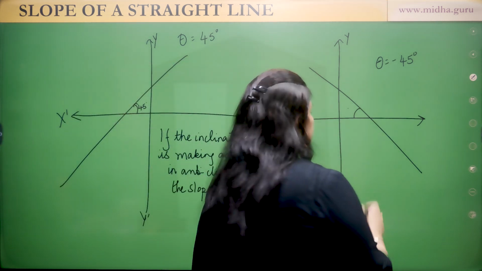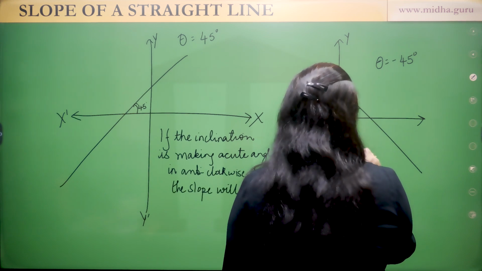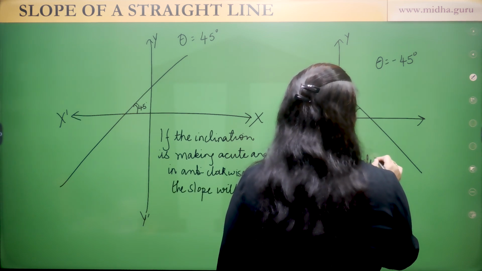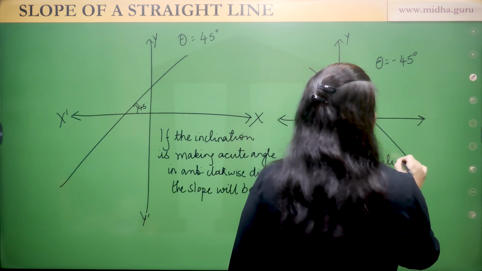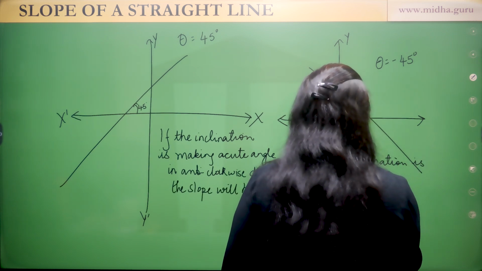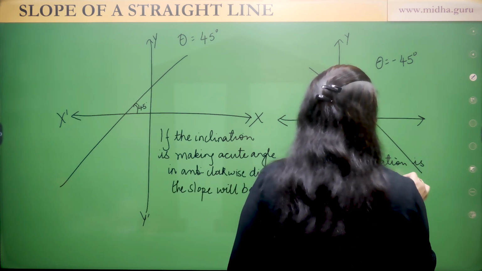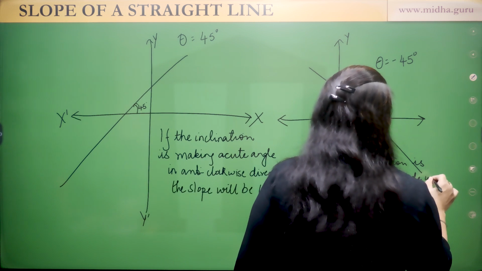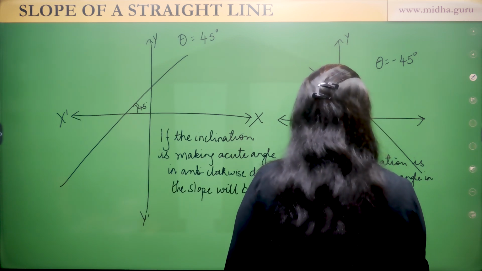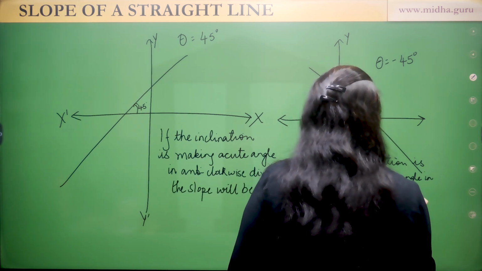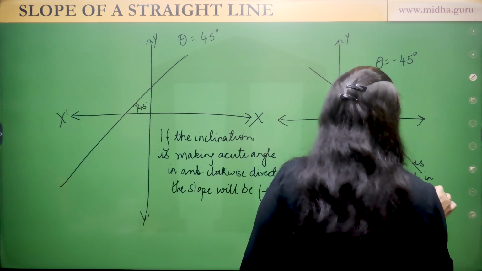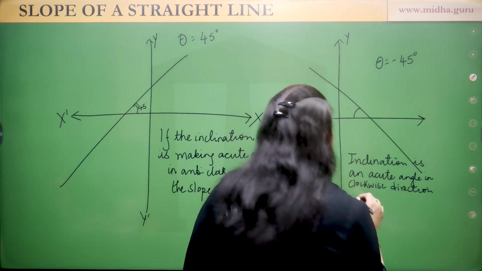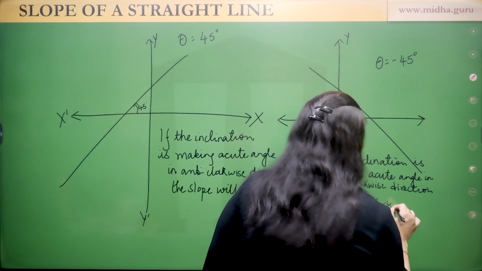Now see, in this case, the inclination is an acute angle in the clockwise direction, right? So what will be the slope of this line? It will be tan of minus 45, right?